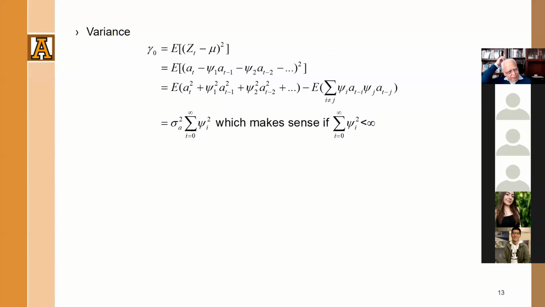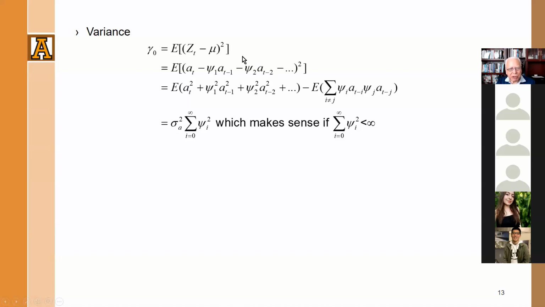Now, what's the variance of Z_t? To calculate the variance of Z_t, we take the expected value of (Z_t minus mu) squared, right? And then we express Z_t minus mu as a_t minus psi_1 a_{t-1} minus psi_2 a_{t-2}, minus and so on, all of these things squared.